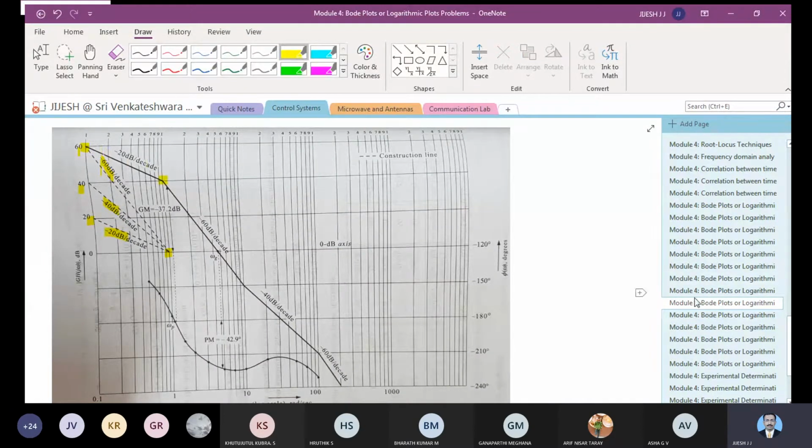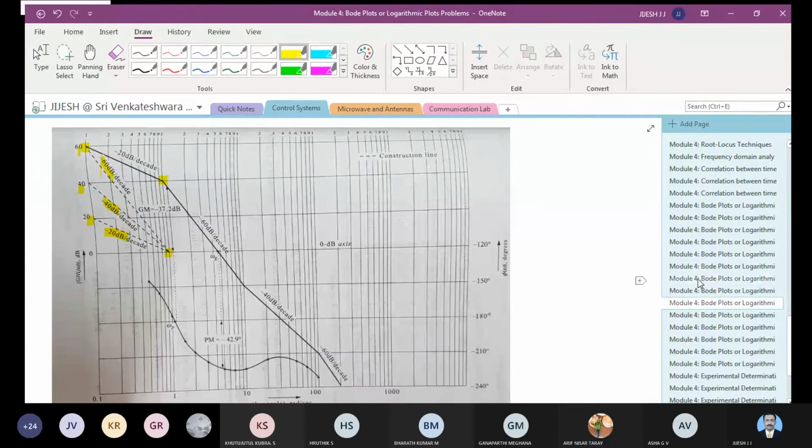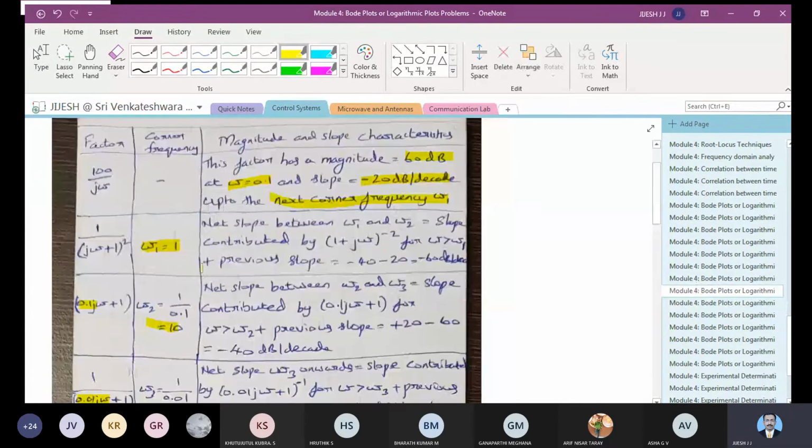What is the next one? What is the next term? The next term is (j omega plus 1) whole squared in the denominator. What you have to see here is that it contributes (1 plus j omega) raised to minus 2.